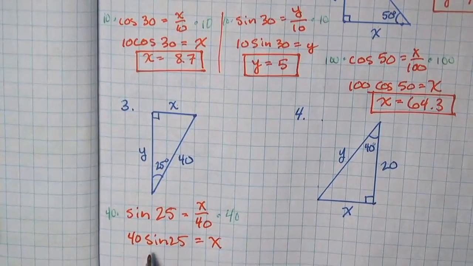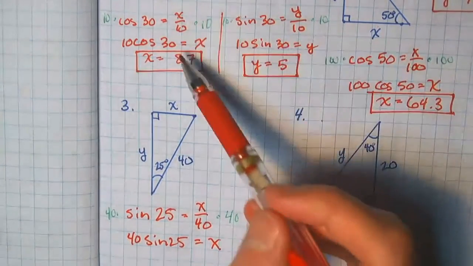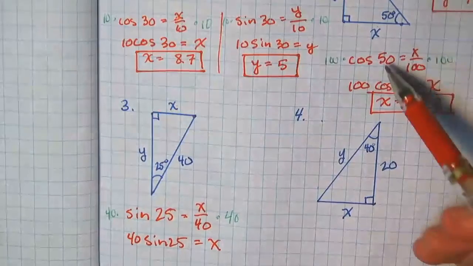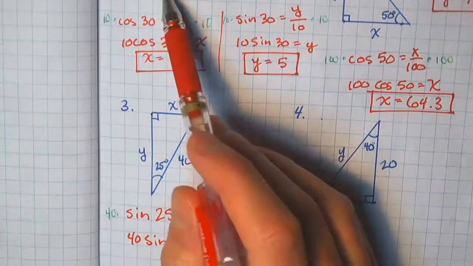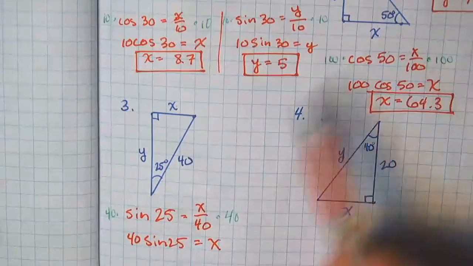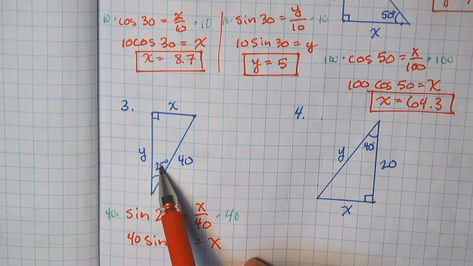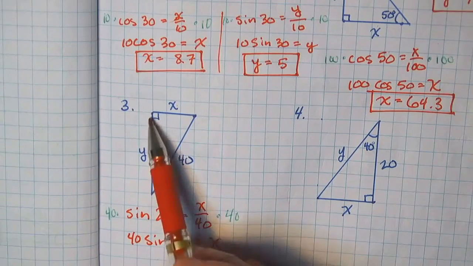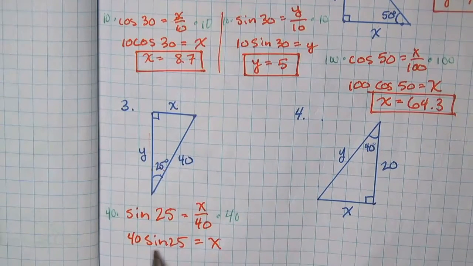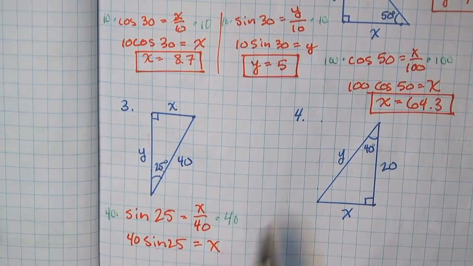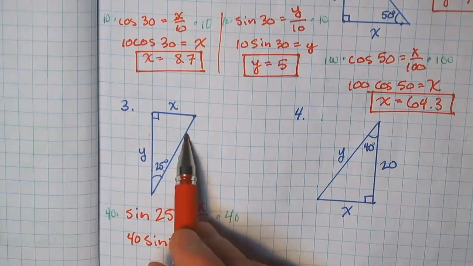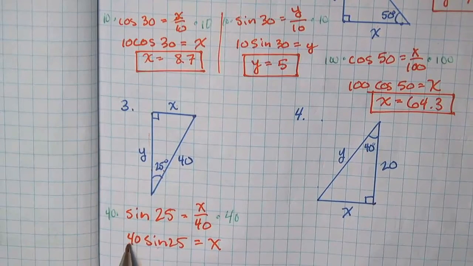So far you might be seeing a pattern that, oh, x is always cosine. While that is often true because we're given the angle with respect to the horizontal, in this case, because we're given the angle with respect to the vertical, it's going to turn out to be backwards. So just pay attention to that. Make sure you don't just get into the habit. What is okay is to get into a habit of, okay, I have the hypotenuse and I'm looking for the leg.